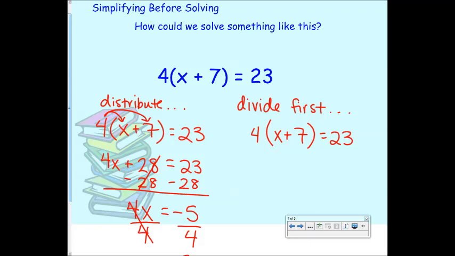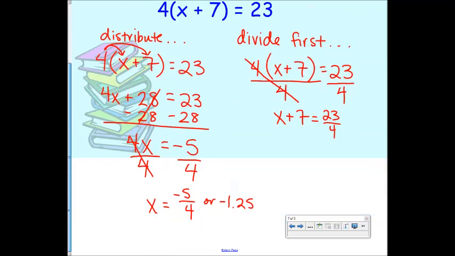What does this give me? That goes away. It's gone. So what do I have left? X plus 7 equals 5 point something. So 23 divided by 4 as a fraction. And then how would I finish that? Minus 7. Minus 7. So x equals 23 over 4 minus 7.